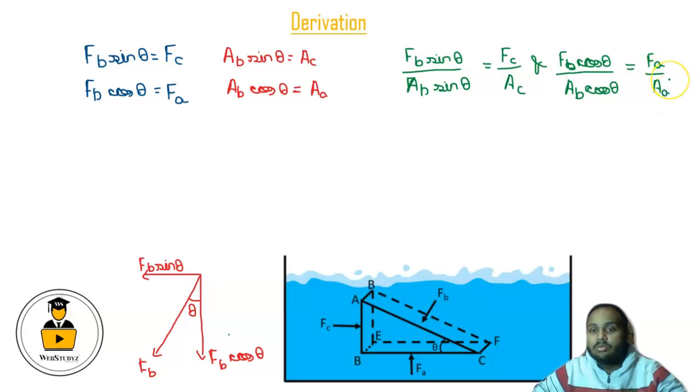Here sine and sine get cancelled out, cos and cos get cancelled out.